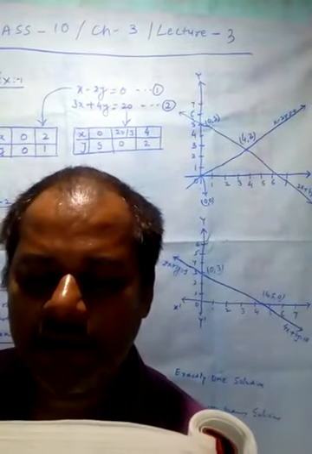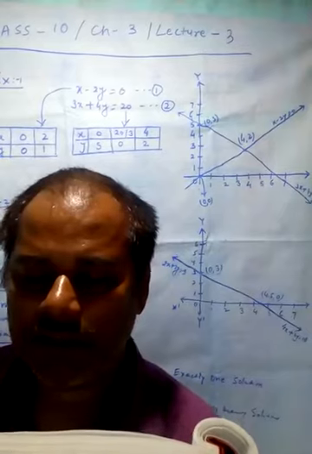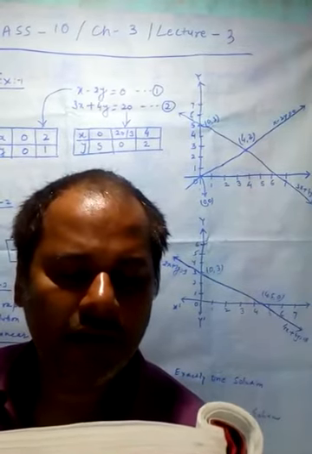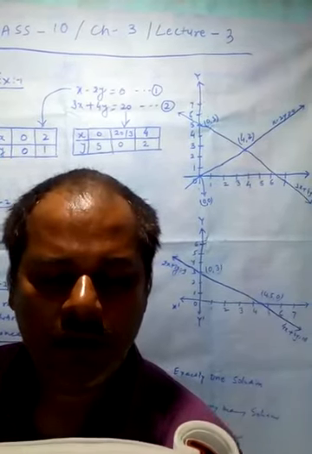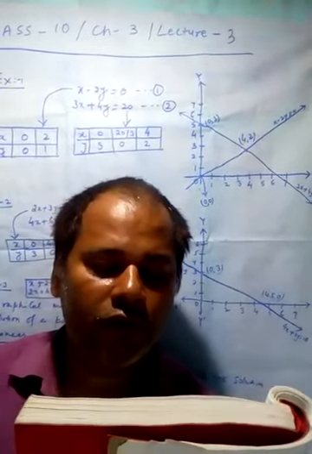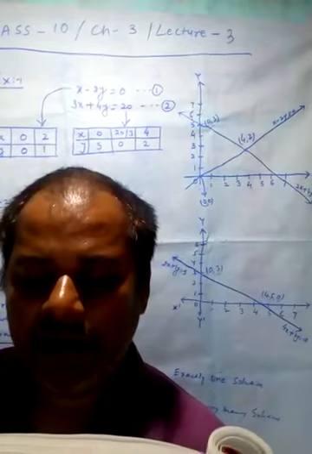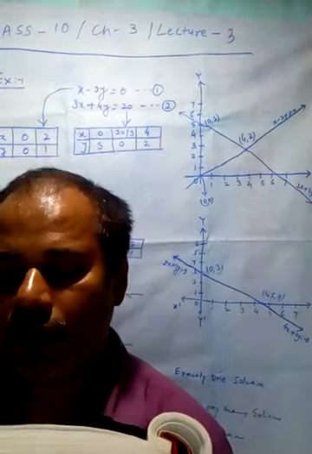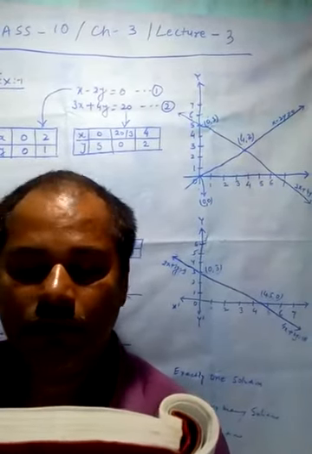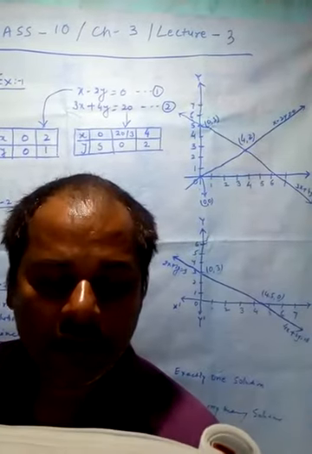Substituting the values of x and y in each equation, we get 4 minus 2 into 2 is equal to 0 and 3 into 4 plus 4 into 2 is equal to 20. So we have verified that x is equal to 4, y is equal to 2 is a solution of both the equations.